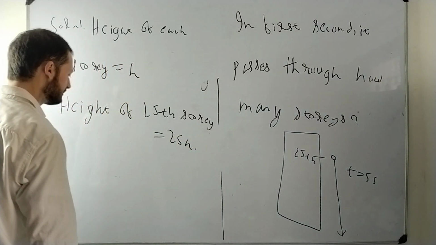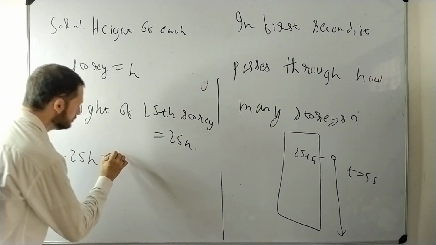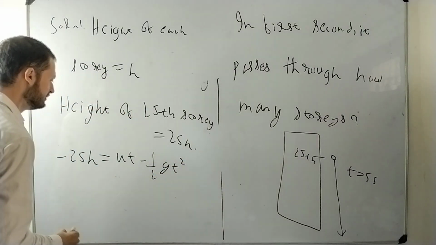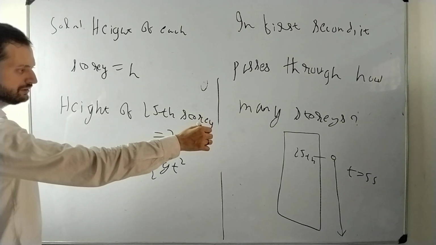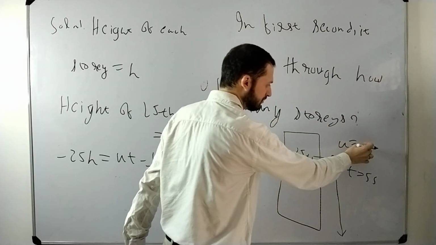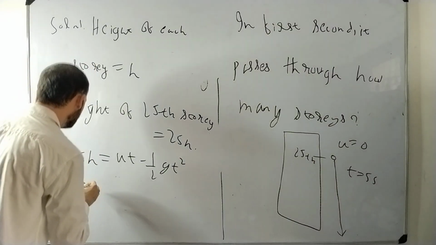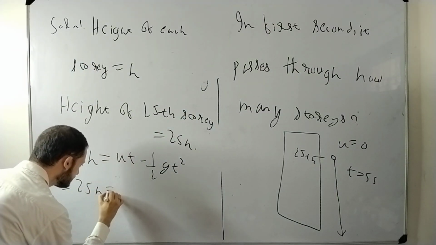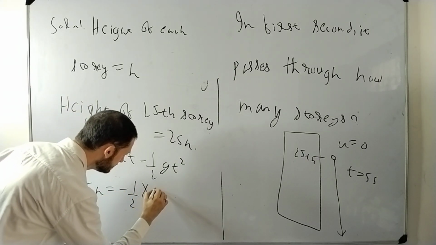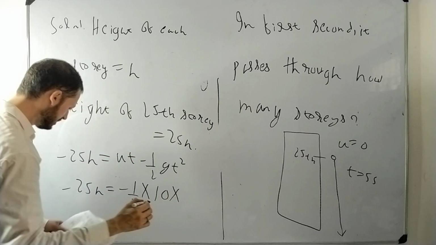So the equation becomes minus 25h equal to ut minus half g t square. The initial velocity u is 0, since it is dropped from rest. So this is minus 25h and this becomes minus half, and g is 10. And time is, I believe, 1 second.